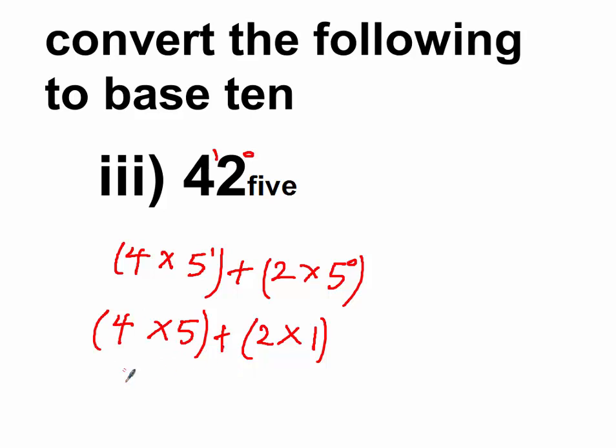So this is giving us 4 times 5, that is 20, plus 2 times 1, which is 2. So that is giving me 22 base 10. Good.